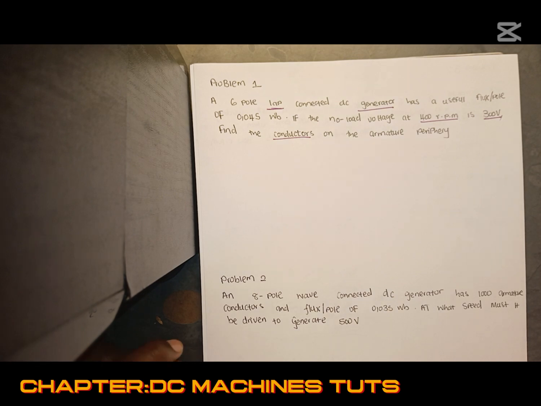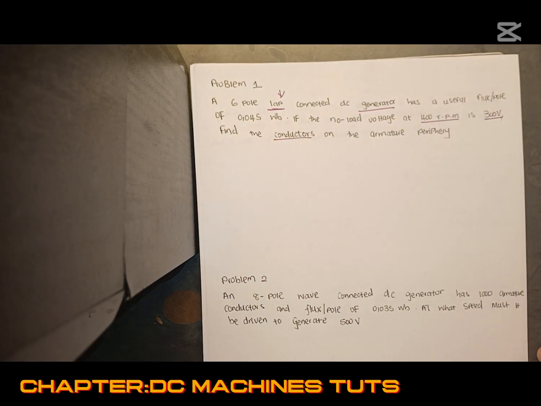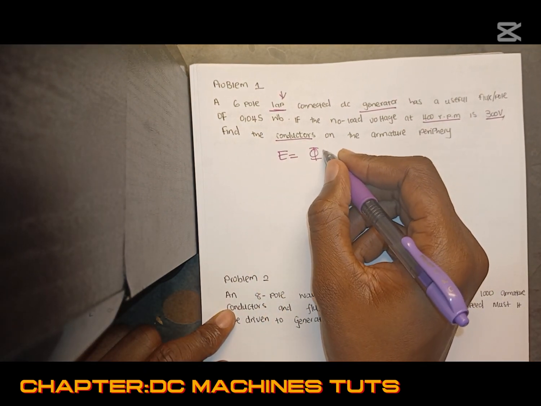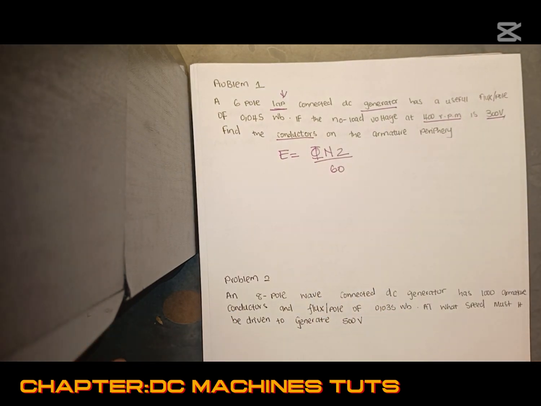Right, now they are talking about lap. So automatically I have derived the formula for you. I don't expect you to expect me to derive the formula again. So E is equal to flux N Z over 60, right? Now, what is it that you need?